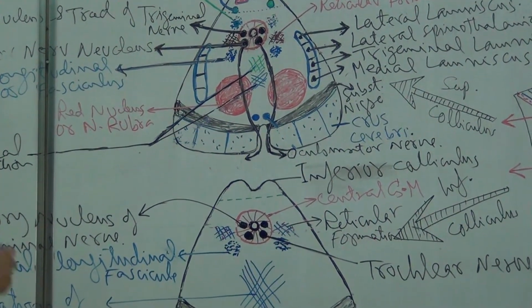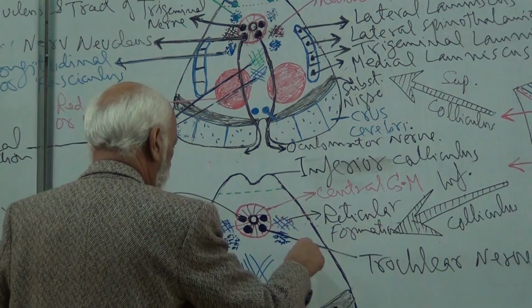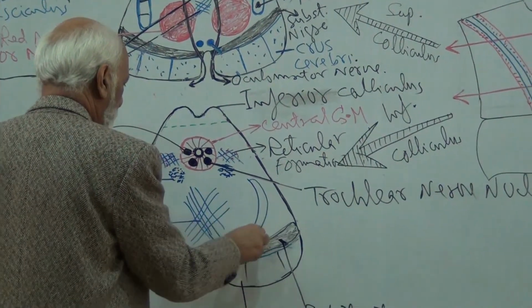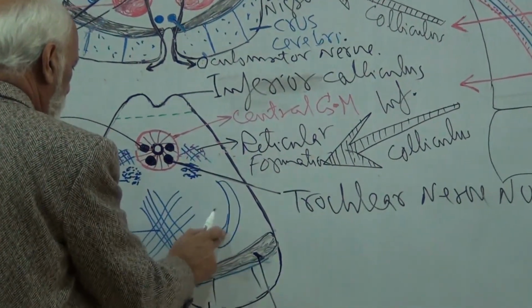Then again there is a white band of fibers on each side. It extends from the lateral to the medial side.